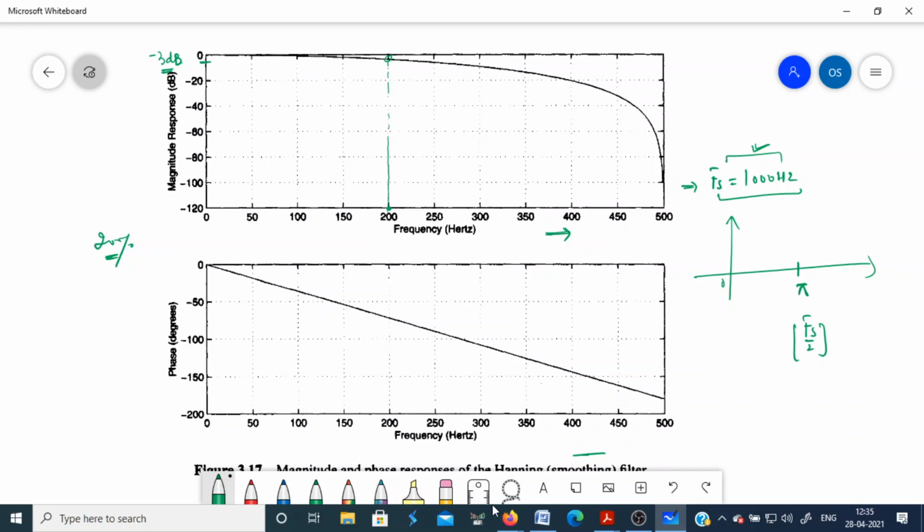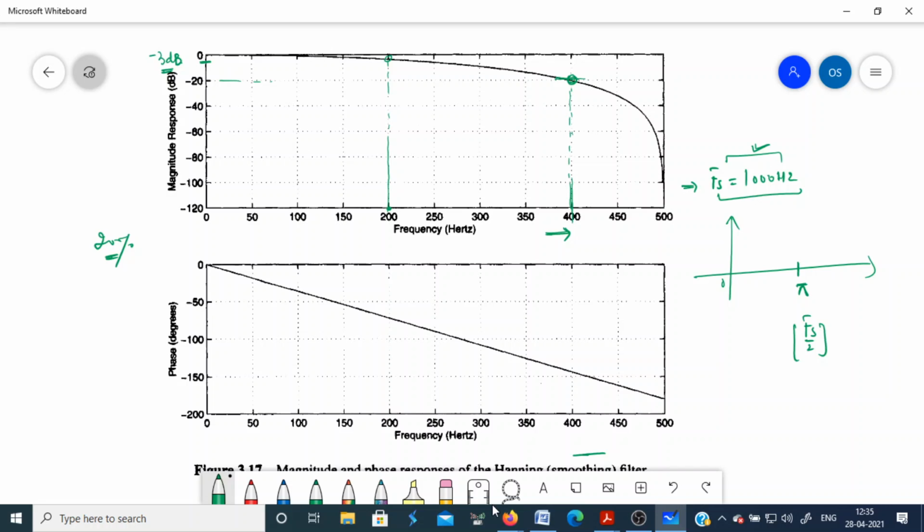So up to 20% of the sampling frequency, these frequencies have attenuation of up to 3 dB. And at 400 hertz, which is 40% of the sampling frequency, beyond this frequency the attenuation is more than 20 dB. It means all these frequencies are highly attenuated.